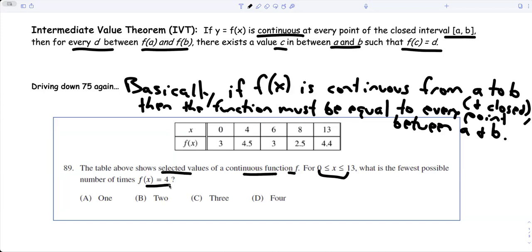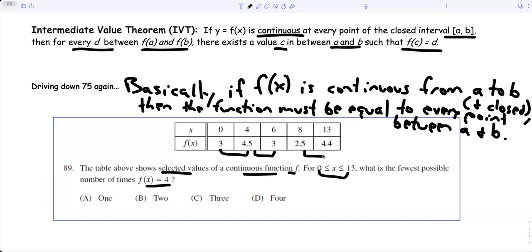Okay, well, if the function's continuous, which it says in the stem of the problem, and we go from 3 to 4.5, do we go through 4? Yes. Well, if we go from 4.5 to 3, do we go through 4? Sure.